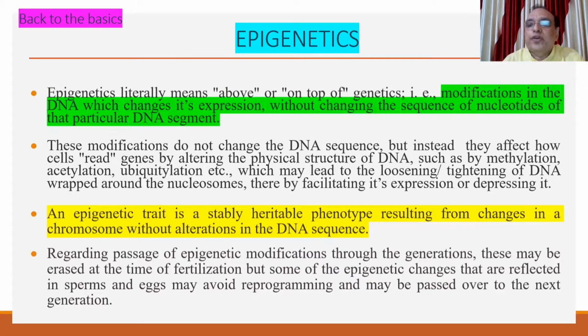These nitrogen bases are the four letters through which the entire volume of our genetic information has been encoded. So ATGC: if there is a change in the sequence of these nitrogen bases, it will lead to a change in the meaning of the code, and we call that shifting of the language a mutation.